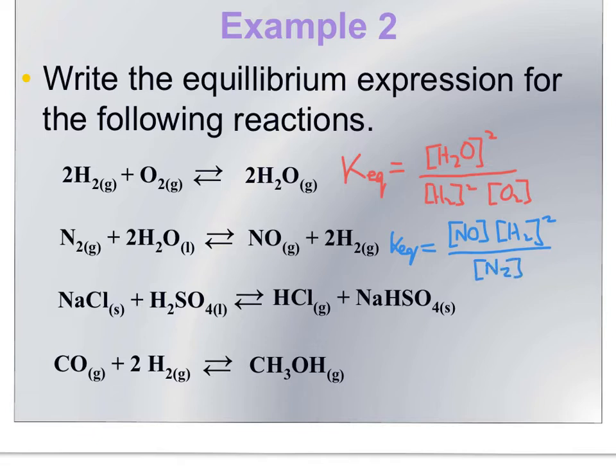And that's it. Why don't I include the water there? Well, because it tells me it's a liquid, as opposed to the previous one where water was a gas. We only include gases and aqueous solutions. We do not include any liquids or solids.